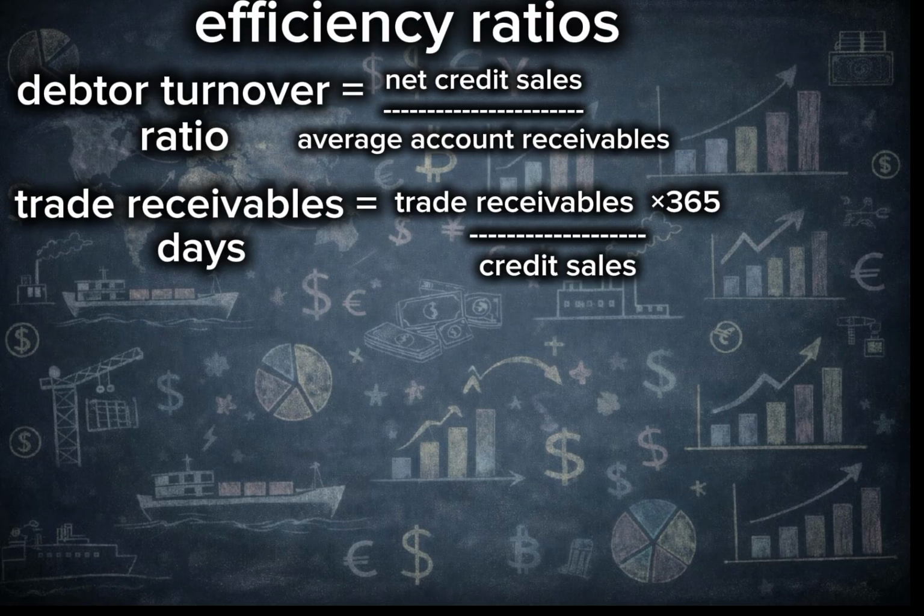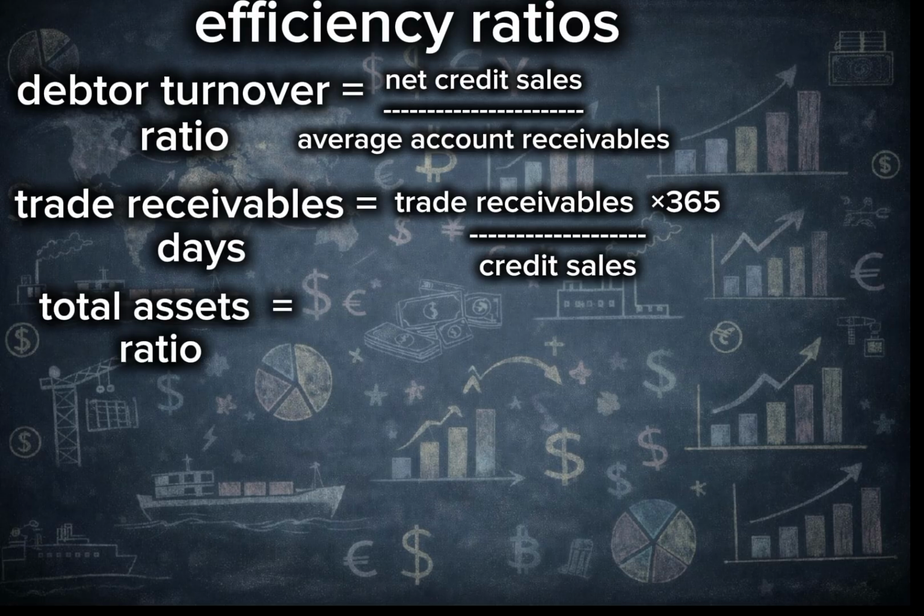What I just explained for debtors is also applicable for the creditors. I hope you get it. And we know here that the lower the number of days, the better for us, because we want our money as soon as possible.